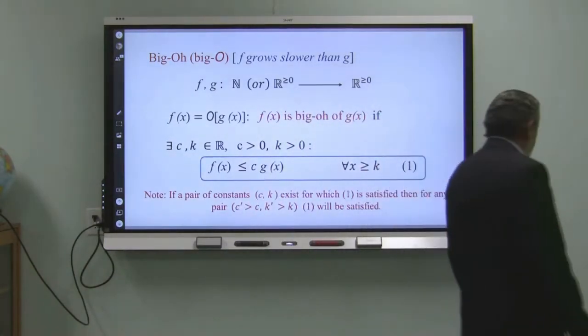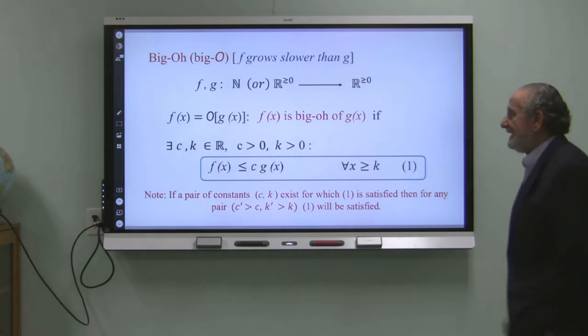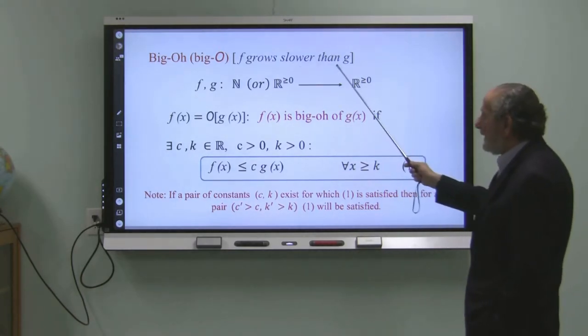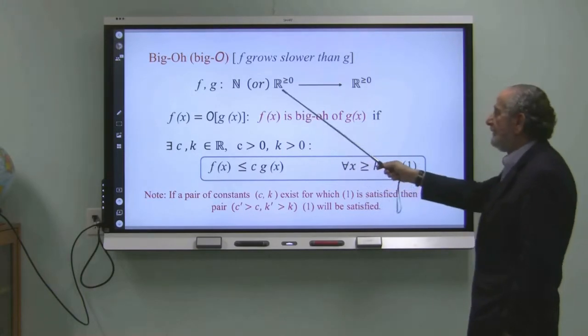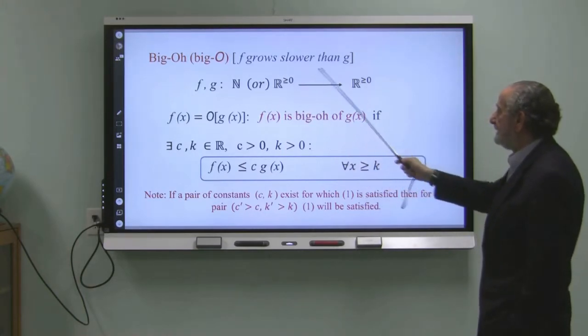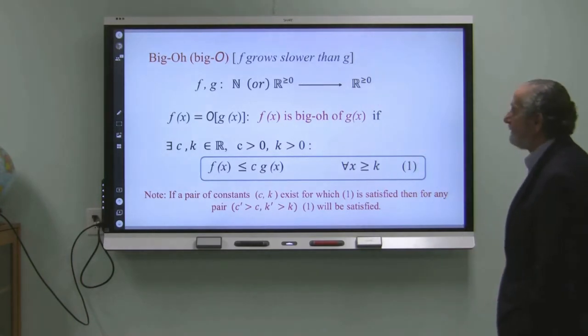Now we come to the definition of Big O. We say that f grows slower than g, where f and g are functions from the natural numbers or non-negative reals to the non-negative real numbers.